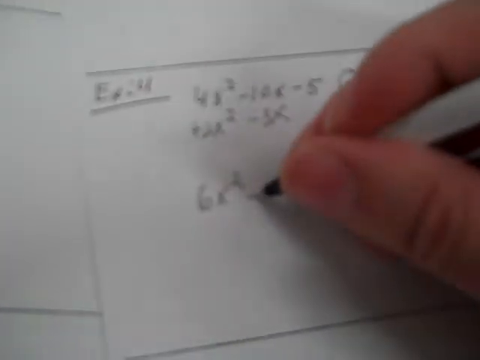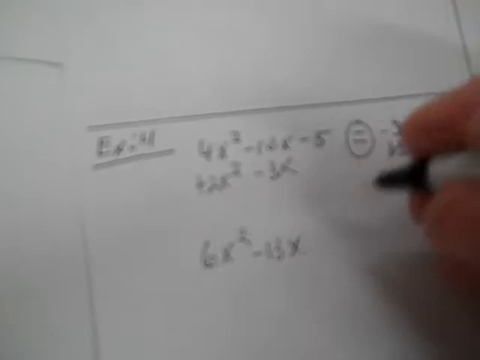Then we take negative 10 minus 3 gives me negative 13x. And then minus 5 equals 0. Okay, so there's three terms this time, so 3 terms. So I look for a GCF.